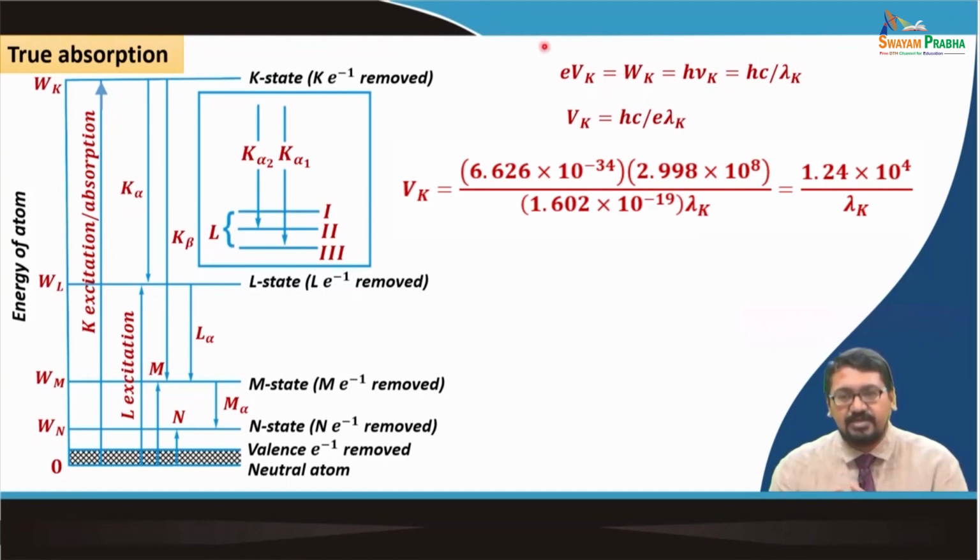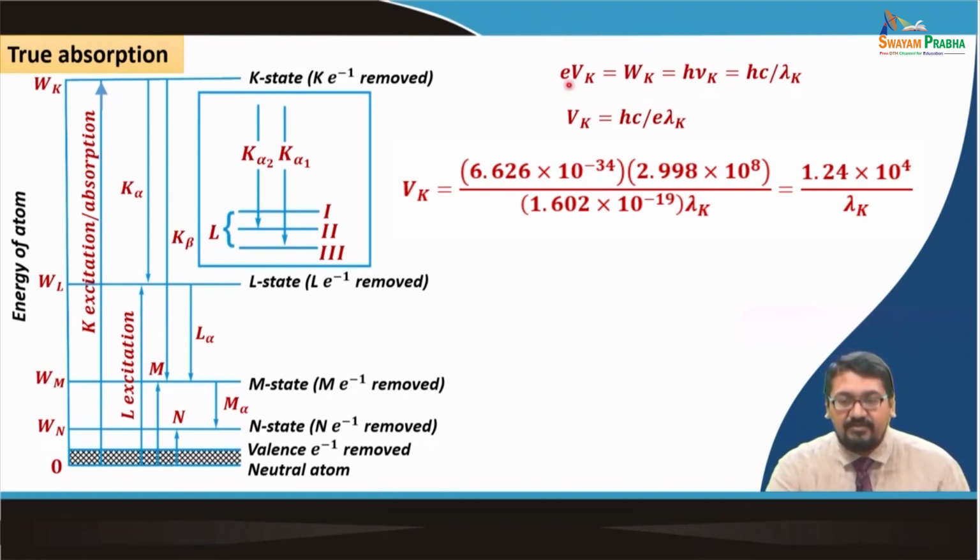Electron charge times voltage is the energy of the electron beam, which is converted into copper K alpha radiation and the other continuous radiation. So, Wk is basically related to Vk.